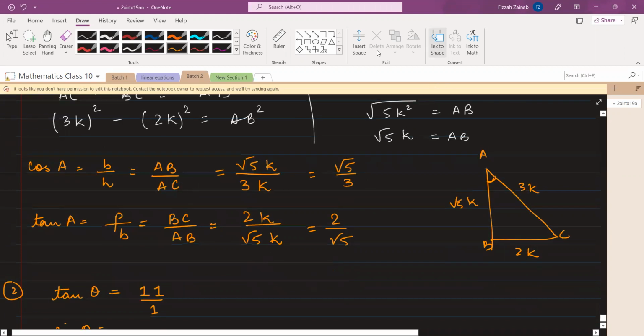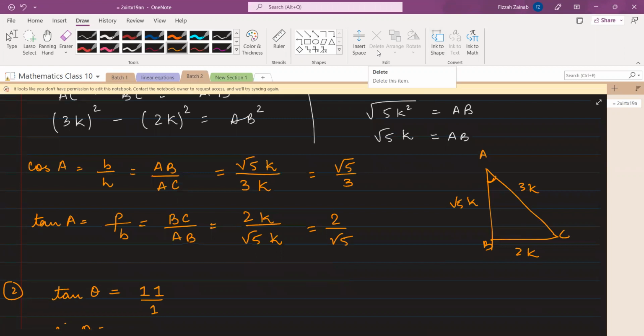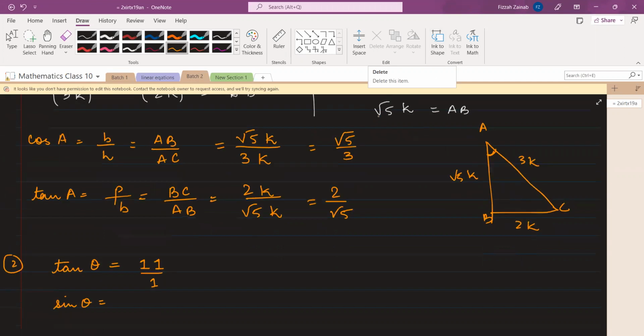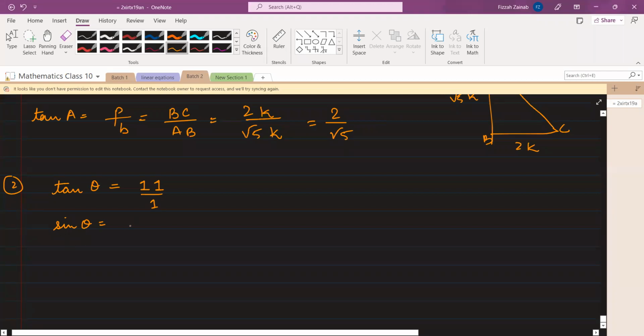Yes, Eman. Have you got something? Yes, ma'am. What is sine theta? 11 by root 122. Yes, it is 11 by under root 122. Yeah, Rida, see here. Cos is 1 by root 122. Okay, that's right.